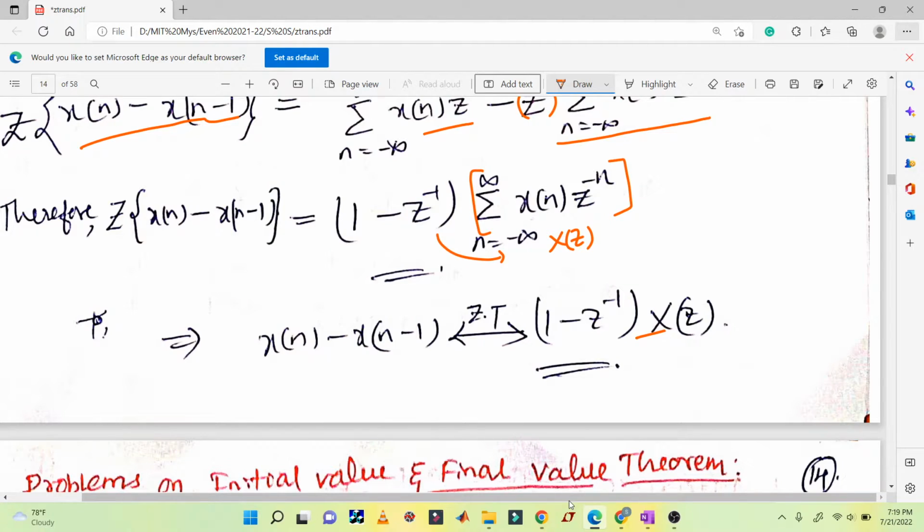So if you are not responding, then it will be of no use doing the class. You can respond, you can comment in the text box there, so that it will be interactive. Otherwise, if I go on speaking, I will not be knowing whether you are understanding or not.